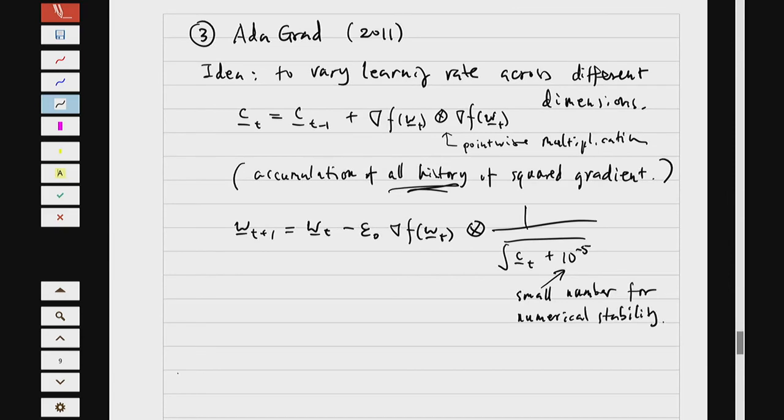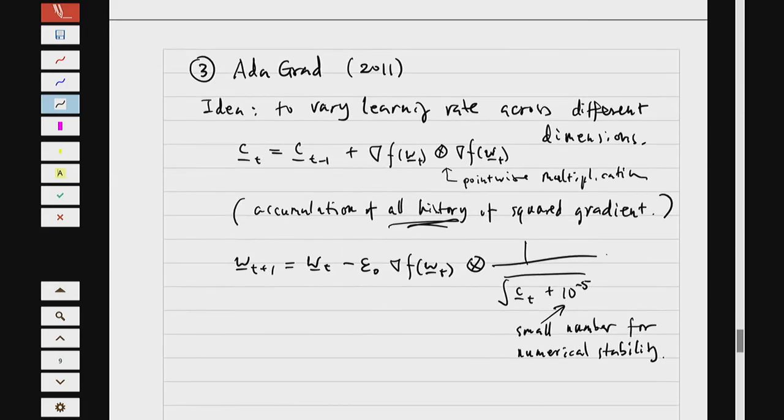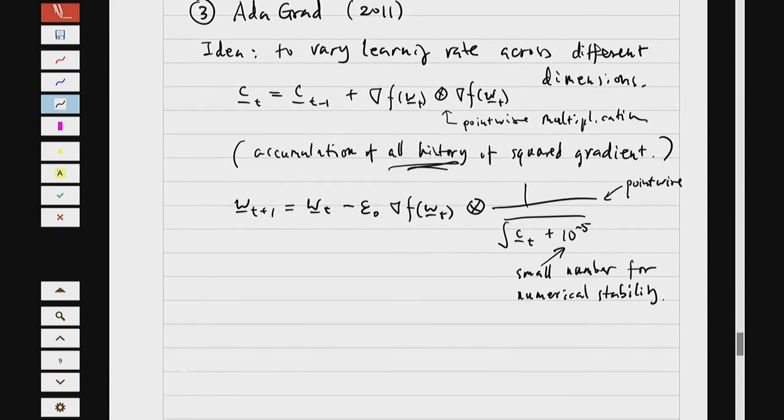Okay. And this division here, because we're dividing a vector, right? This certainly would not work in general. So this one has to be pointwise division. Yeah. Okay. So by doing this, you're giving a dimension-dependent factor to the learning rate. Yeah, so it makes sense. AdaGrad was a popular one for a long time.